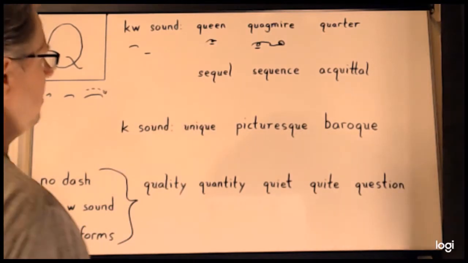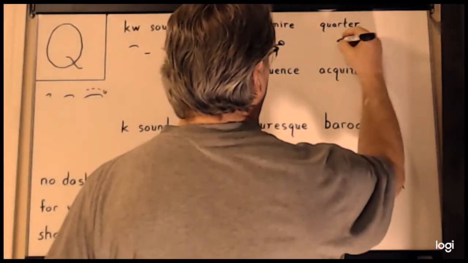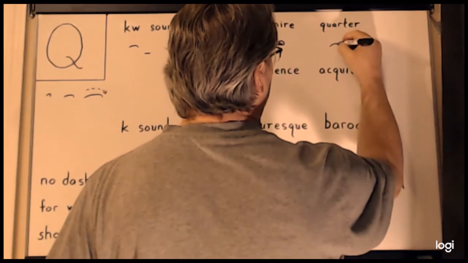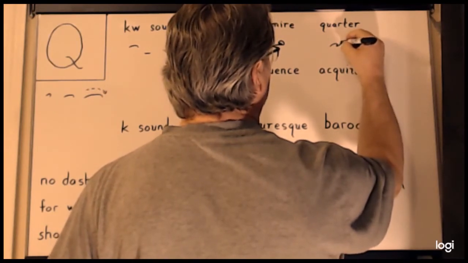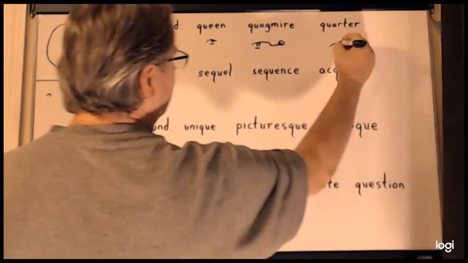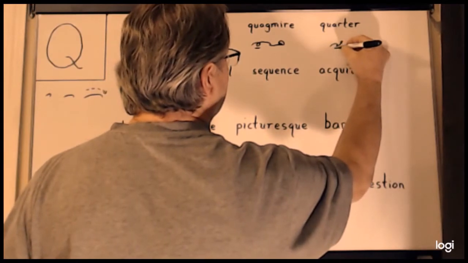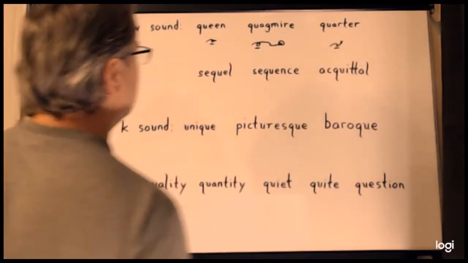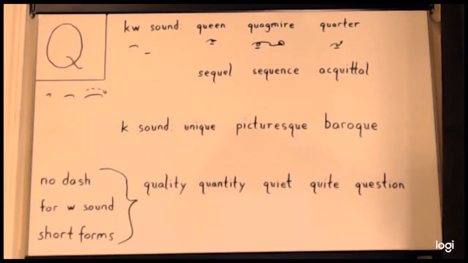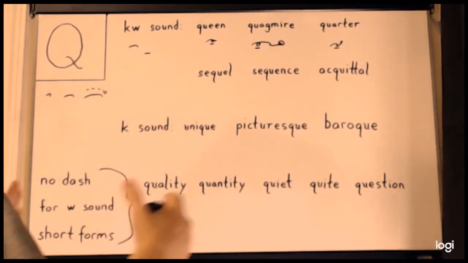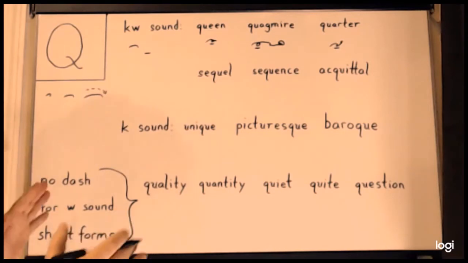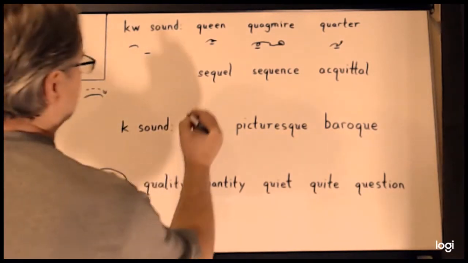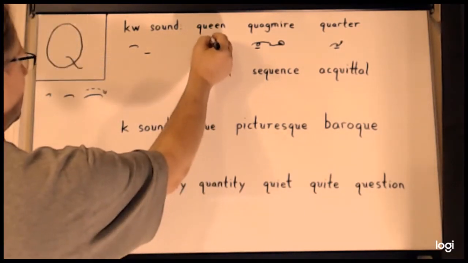Then for quarter, we're going to use K, O, T, reverse E to represent the R, and then the dash underneath the vowel for quarter. Now for words that have the KW sound in the middle of them, the same concept still applies, where you put the dash underneath the vowel.